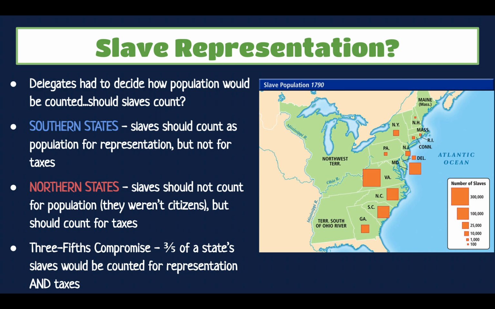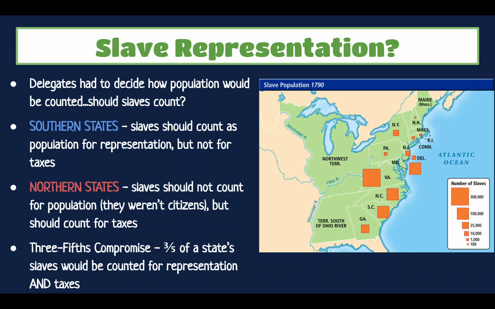However, of course, they also didn't want them to count toward the state's taxes that it would owe to the federal government. But then northern states, on the other hand, they believed that slaves should not count toward a state's population for representation because they weren't citizens. But they did think that they should count toward a state's quota when it came to taxation.